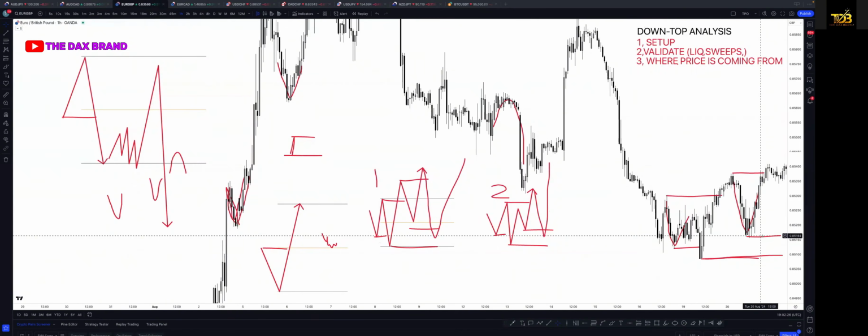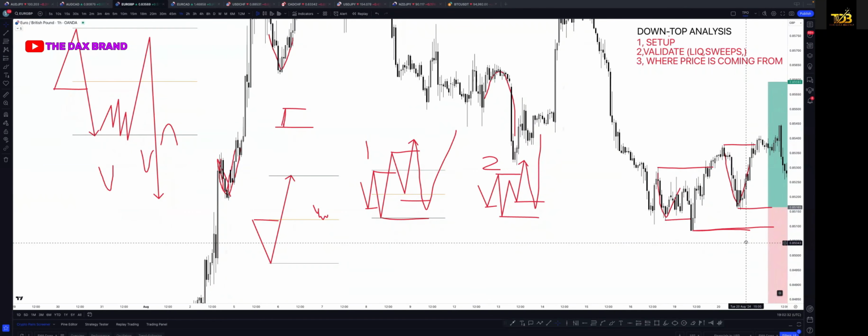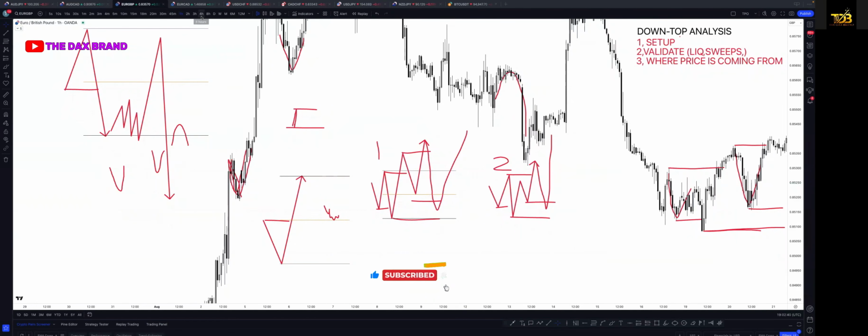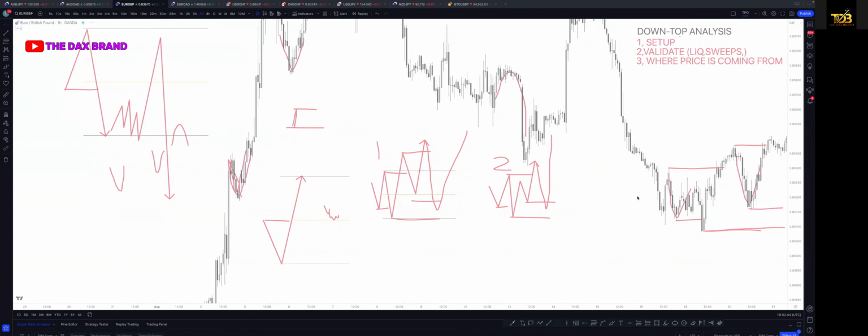Before we assume to take a trade directly from here, we need to know where it is coming from. So this is the 1 hour time frame. That means we need to go to the 4 hour time frame, which is the next bigger time frame.